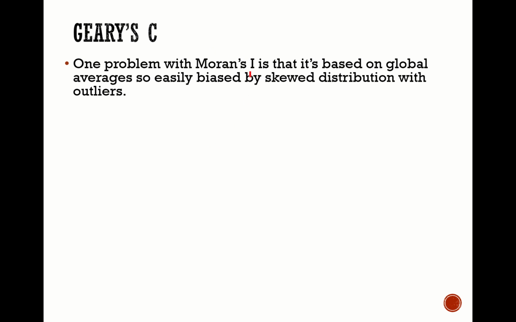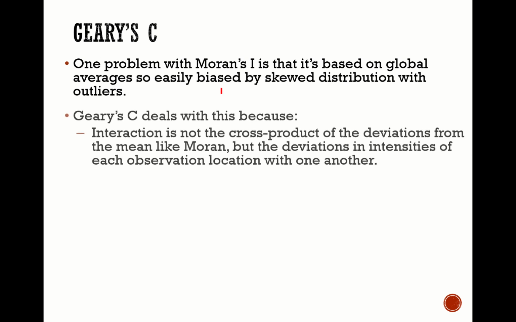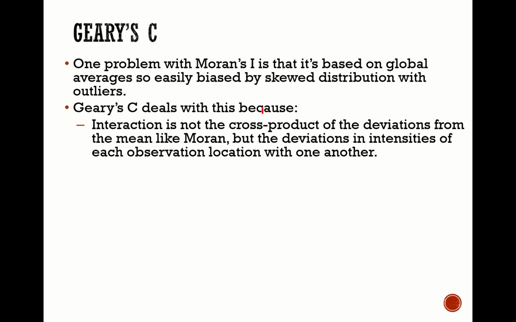Well, Moran's I is very susceptible to change based on just a couple of extreme outliers. Geary's C deals with this because the equation it uses to calculate the C statistic does not rely on the cross product that Moran's I does.